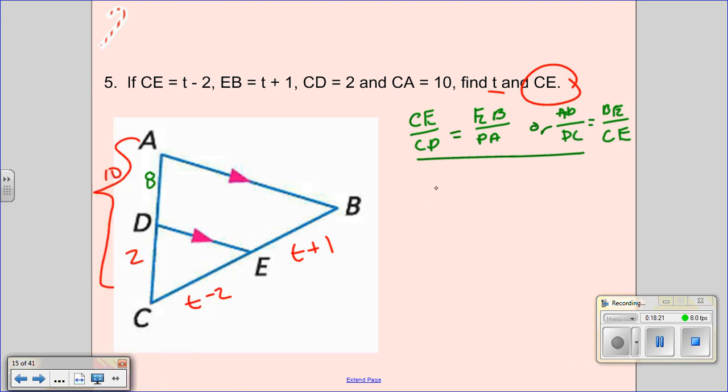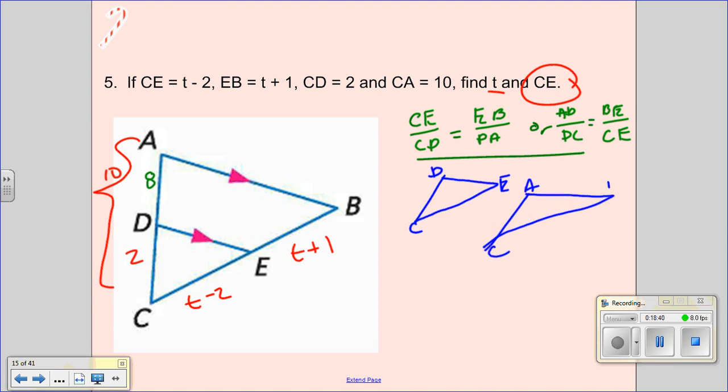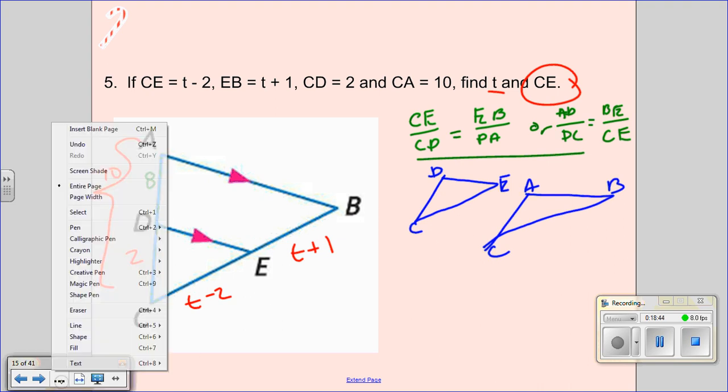Right triangle. So C, D, E, C, A, B. So we know that AC is 10.